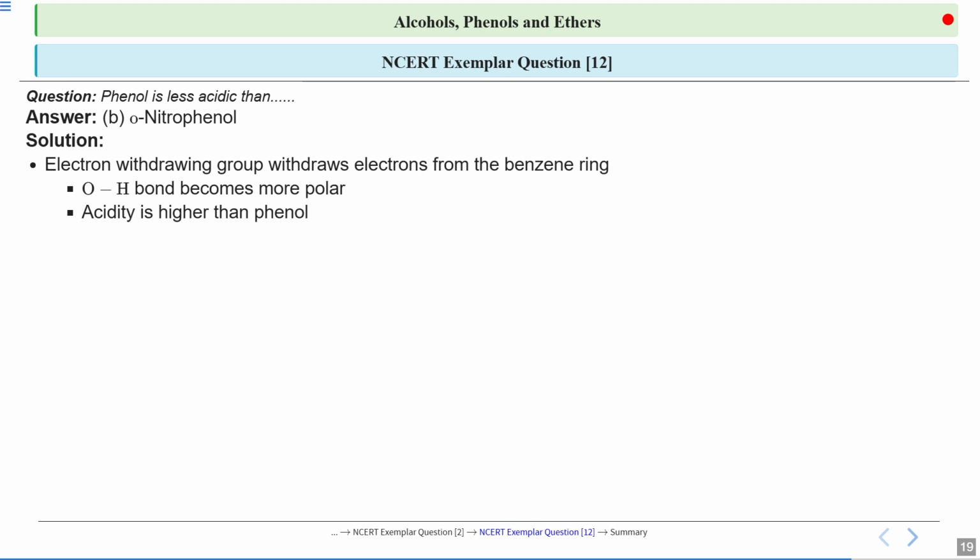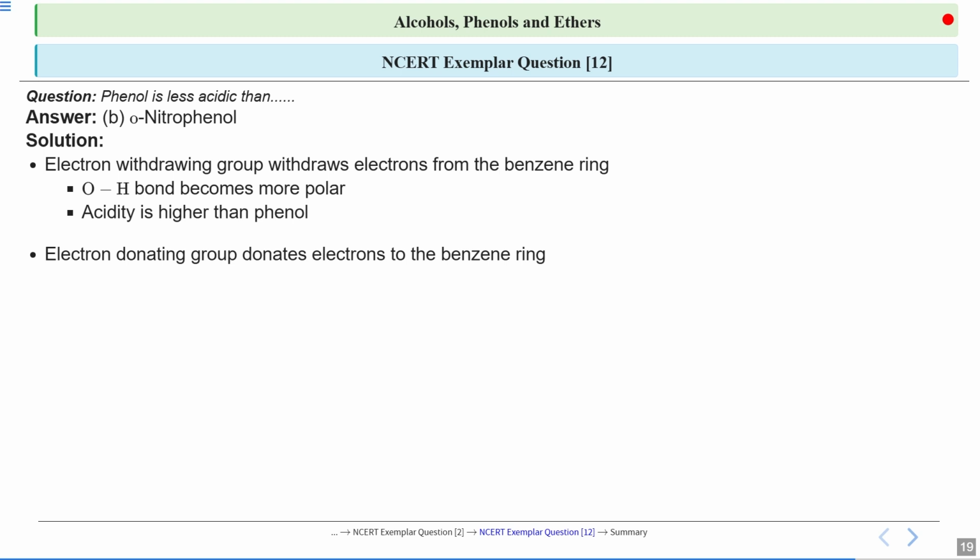At the second position carbon, we have the nitro group attached, which is an electron withdrawing group, which withdraws electron density towards itself from the benzene ring, and the OH bond will become more polar compared to phenol. Phenol doesn't contain any electron withdrawing group, right? That's why acidity in orthonitrophenol is higher than phenol.